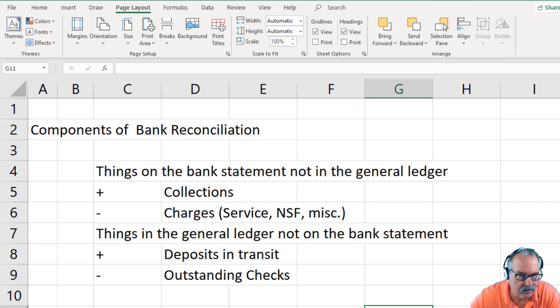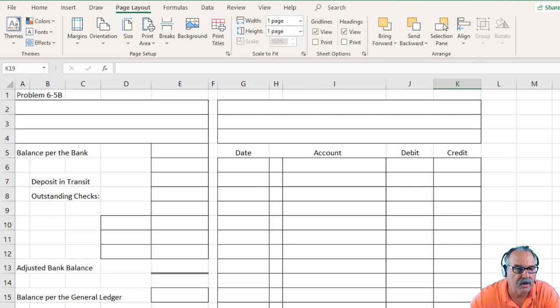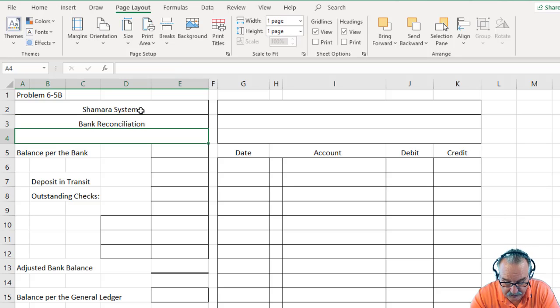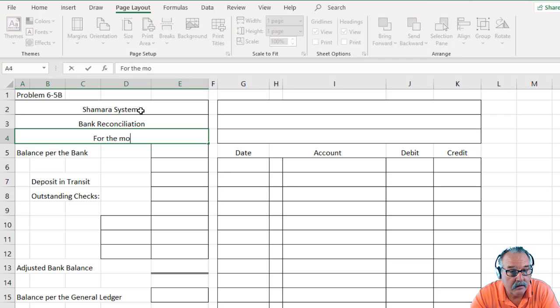Okay, so let's take a look at the bank reconciliation for problem 6.5b. This is Shamara Systems and a bank reconciliation. And this is for the month ended May.